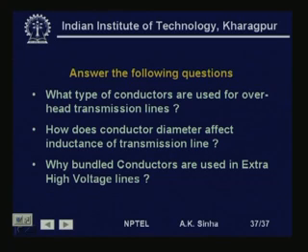Second question is, how does conductor diameter affect inductance of transmission line? And the third question is, why bundle conductors are used in extra high voltage lines? So, I hope after going through this lesson you should be able to answer these questions. Thank you.